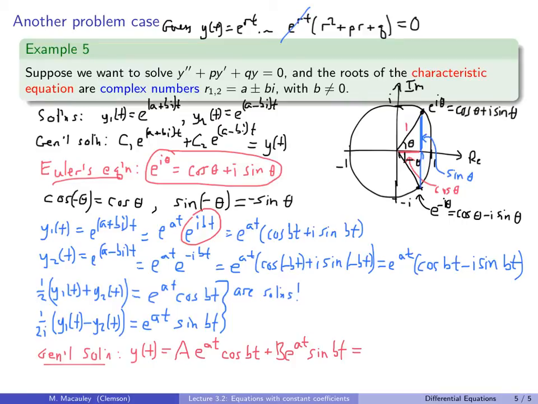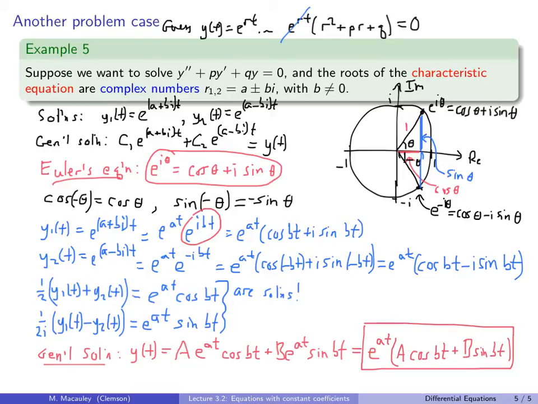And if I want to, I can factor out this exponential, and I can write this as e to the at times A cosine of bt plus capital B sine of bt. And this is our general solution.